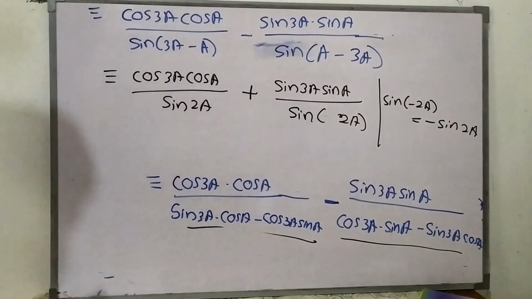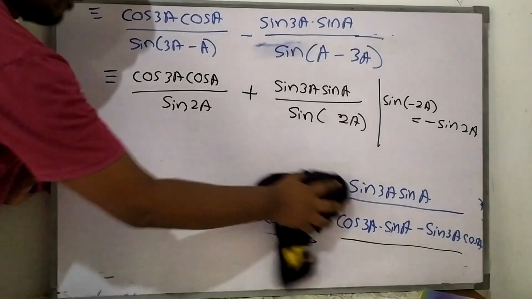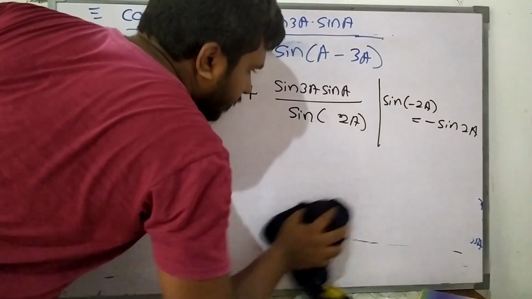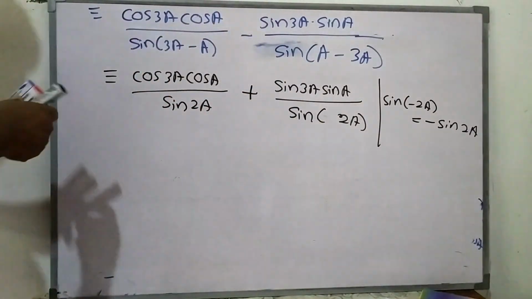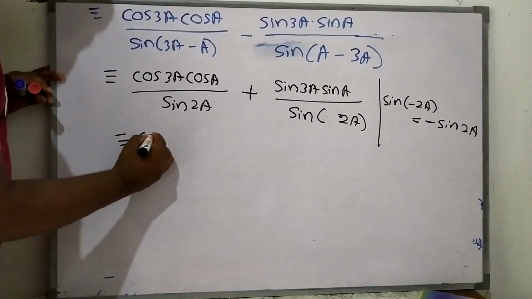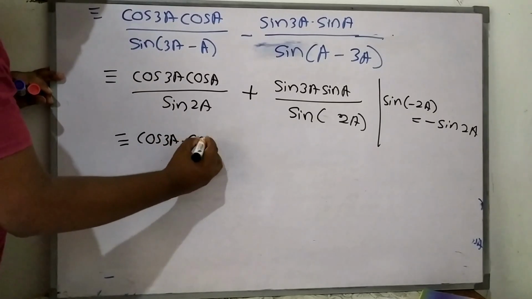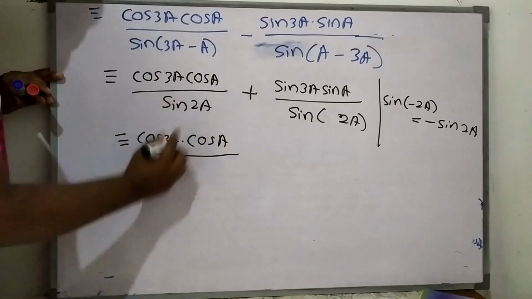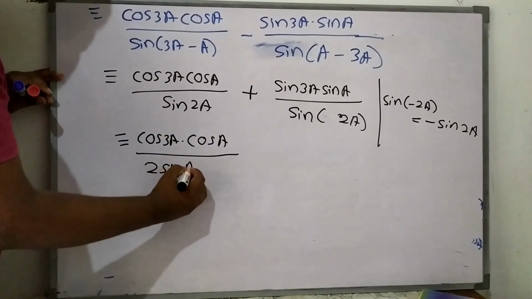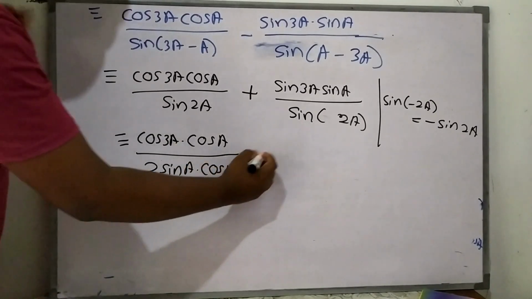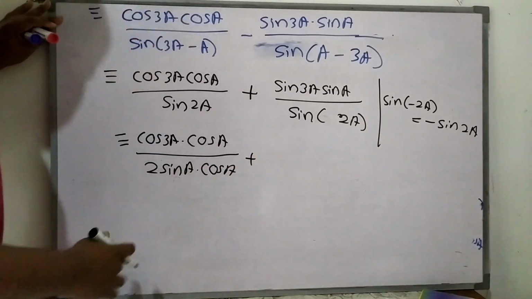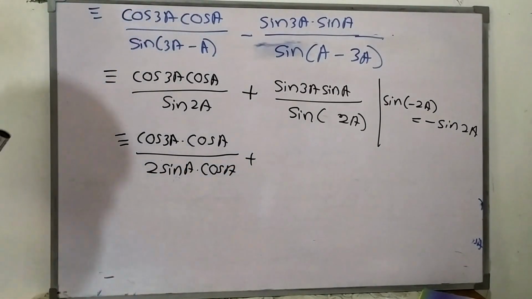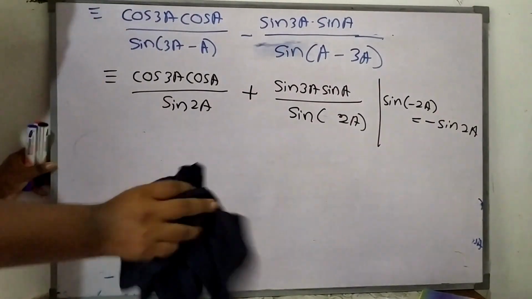And also what I'm going to do, I'm just expanding my answer into cos 3A cos A over 2 sin A cos A plus, actually this is a common denominator.